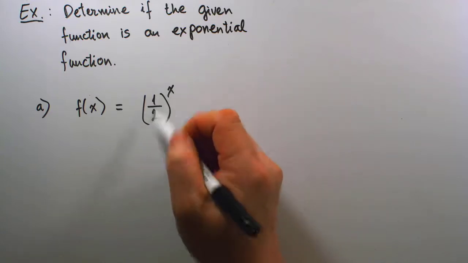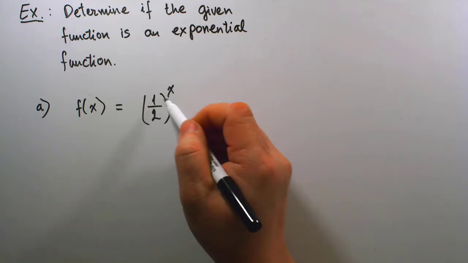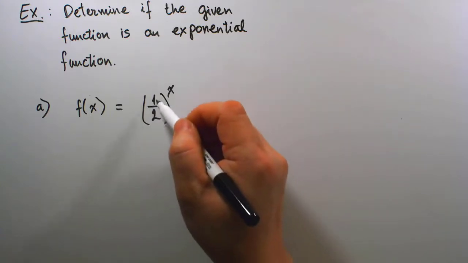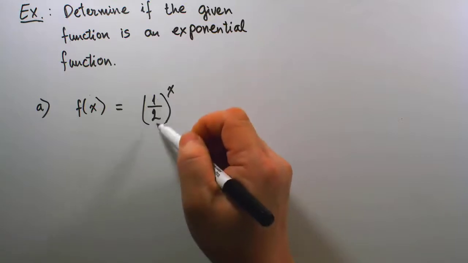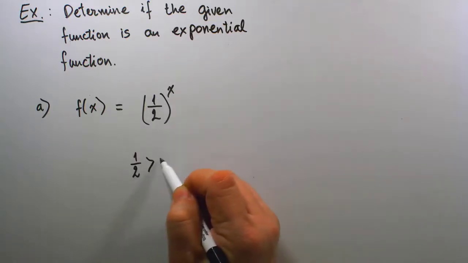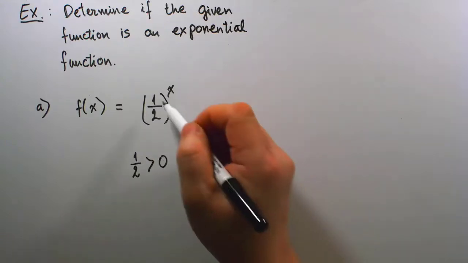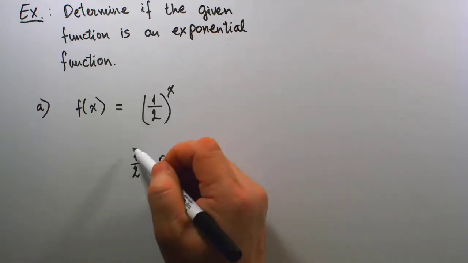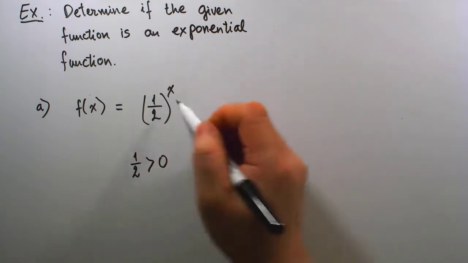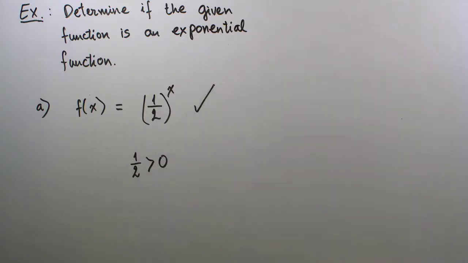The base we have here is 1/2, and it's already itself a positive value. And even though written as a fraction, in the end all it needs is a positive value. And so with this base meeting the requirement, this function is an exponential function.